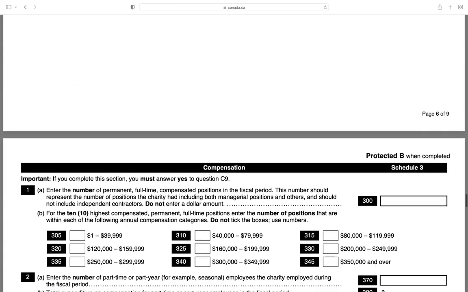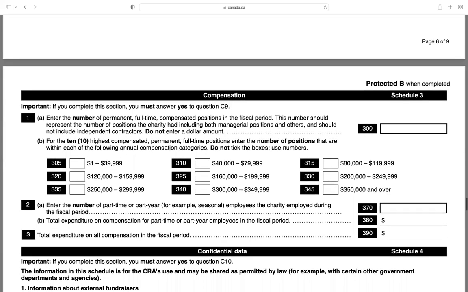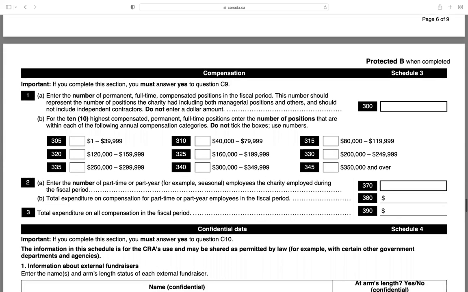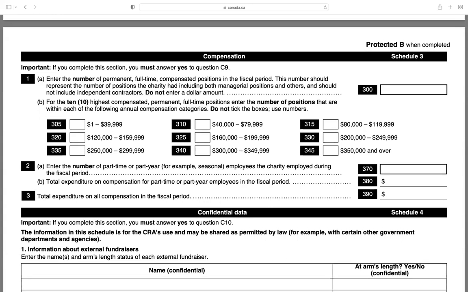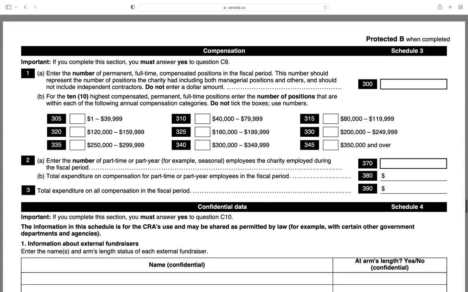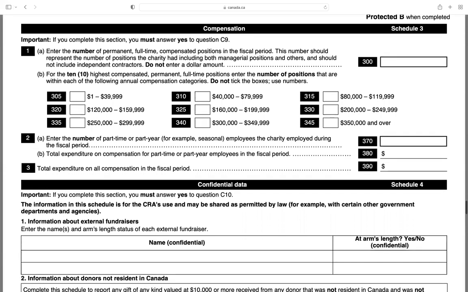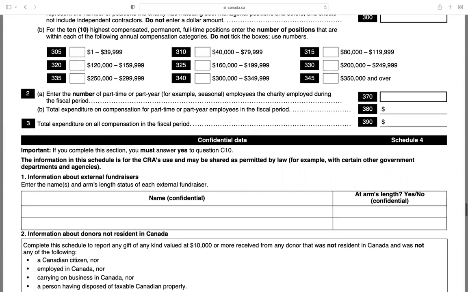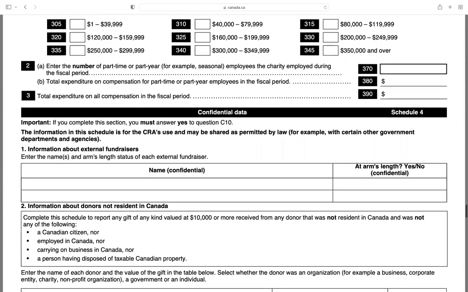Now we go to the compensation. So enter the number of permanent or full-time compensated positions in the fiscal year. And then number 2, you enter the number of part-time or part-of-the-year employees employed during the fiscal year. And also the total expenditure for the year.